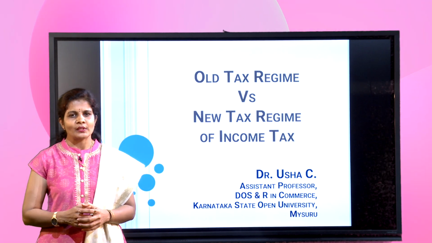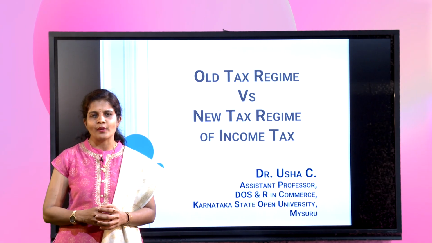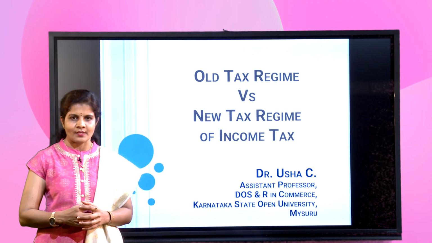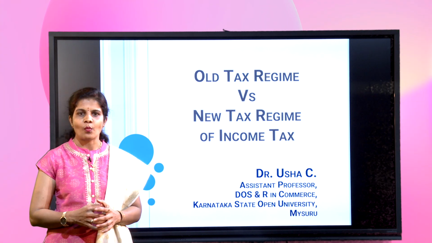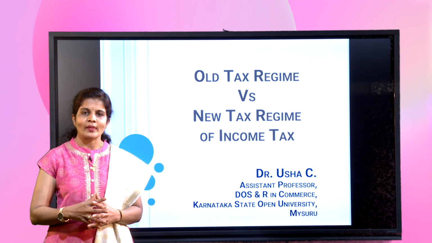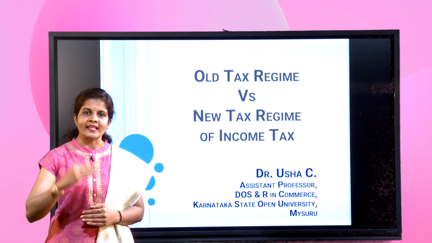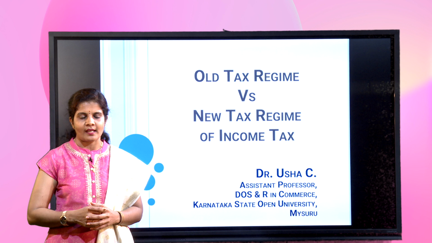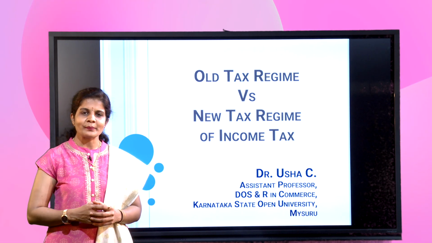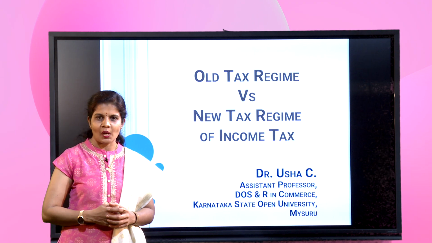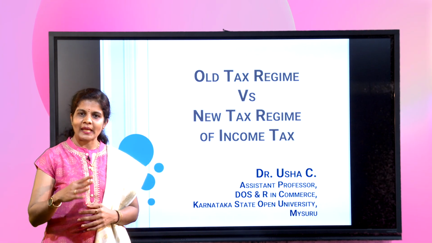In the year 2020, in Union Budget 2020, they brought this new tax regime. Earlier to that, we had only one type of tax rate with different types of slabs. The higher the income, the higher the tax rate; the lower the income, the lower the tax rate. But from 2020 onwards, we got an option to pay the tax.